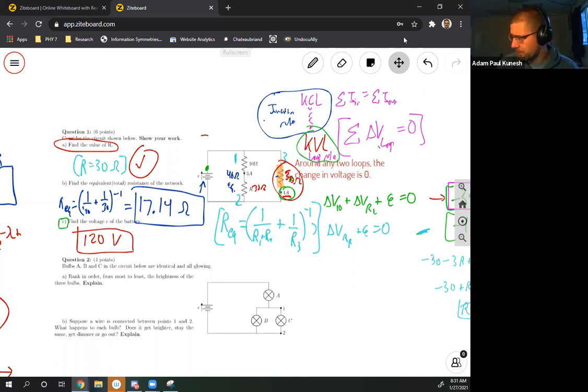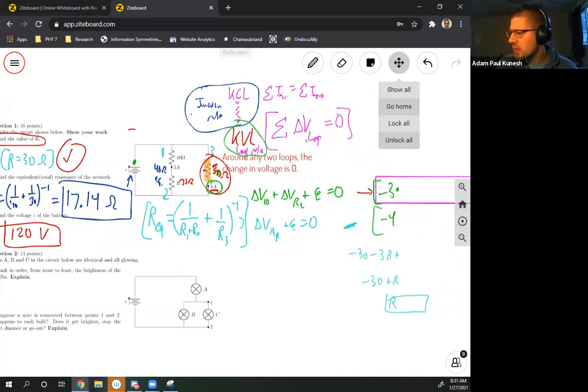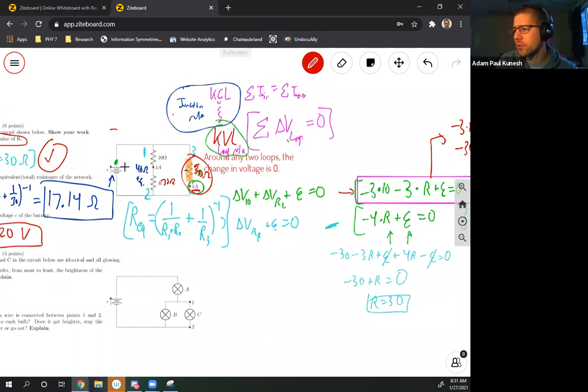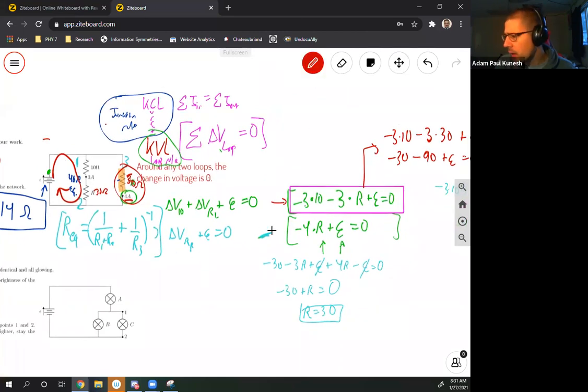So here, say that I had taken just this loop. Well, then I would have ended up with this equation. That equation has 2 unknowns. It has an R and an E, right?